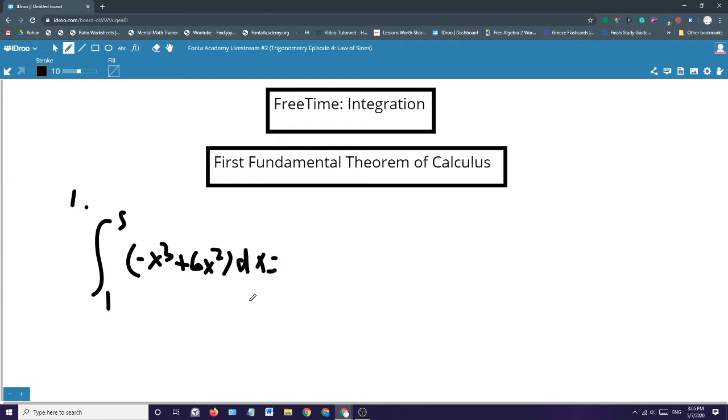So how would you approach this problem? What I would do is the power rule for both of these, and then plug these numbers in.